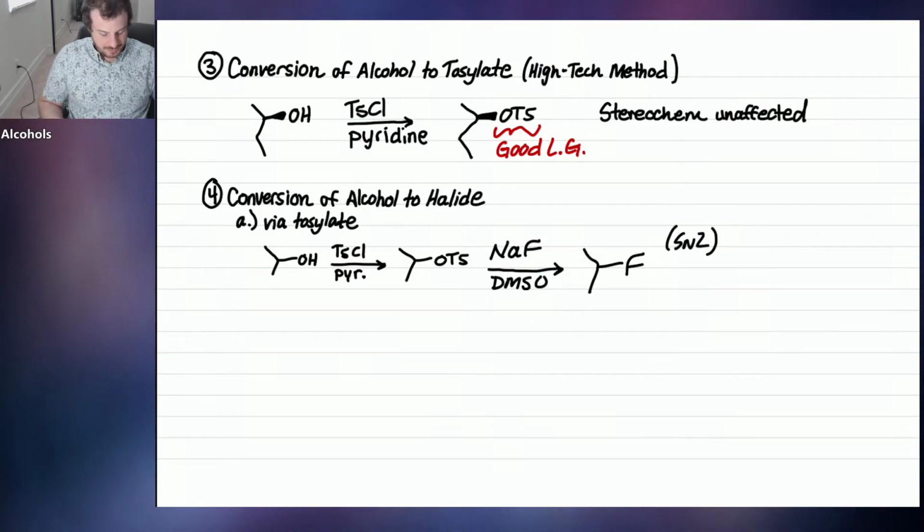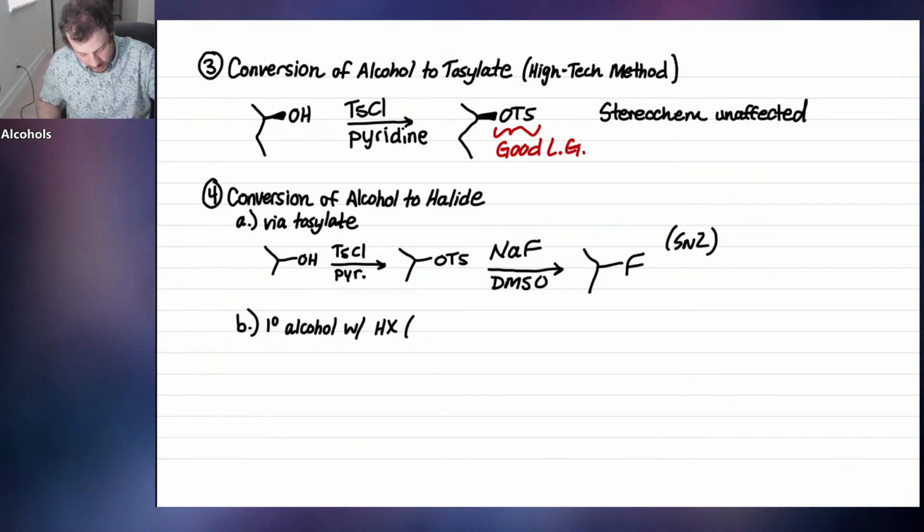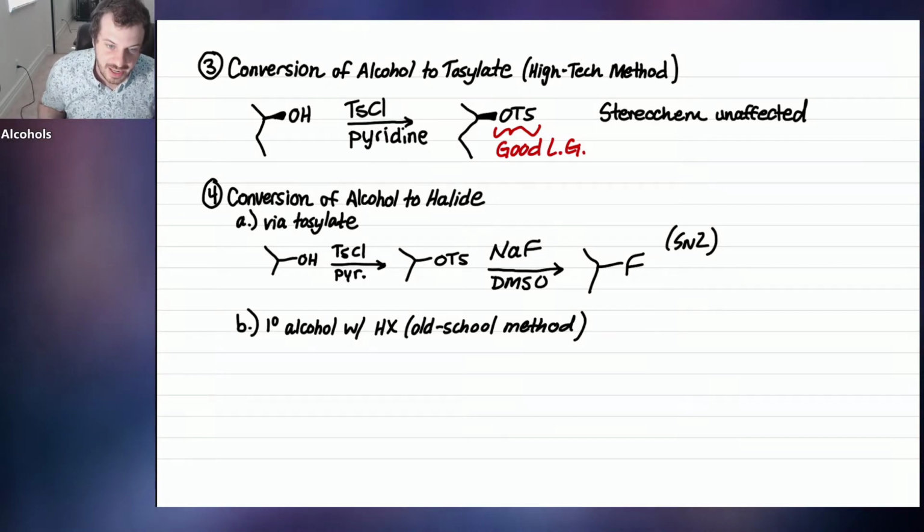Okay, another way is via the old school method, primary alcohol with HX, and we call this the old school method. Again, another reaction we've already seen before. This is a nice way to directly make a halide from an alcohol if you have a primary alcohol.